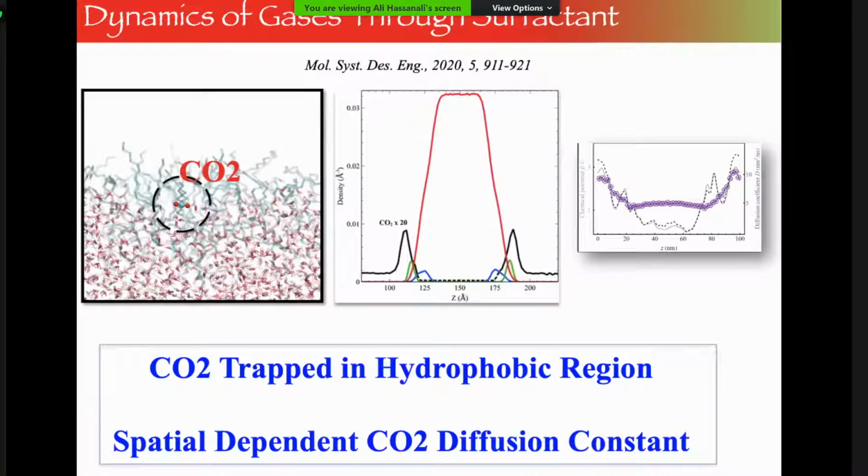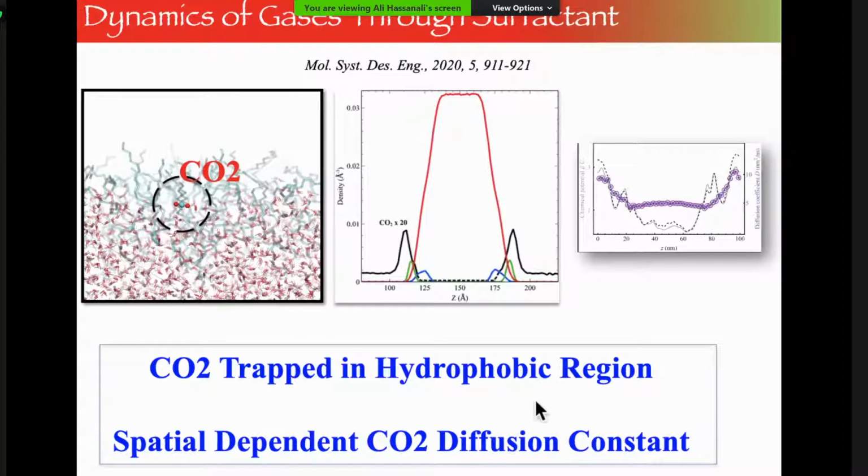And finally, of course, within the framework of artificial photosynthesis, one would obviously be interested in how the gases that are being generated in photosynthesis diffuse through the surfactant. And so we've begun to look at this problem for carbon dioxide, and this has served as very important information for our collaborators at Polito, and you're going to hear from them later on.